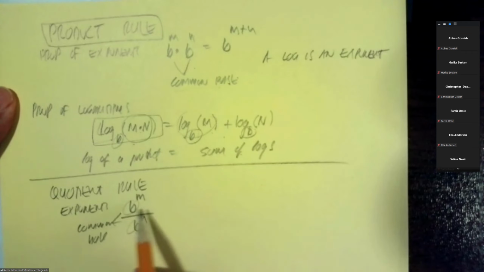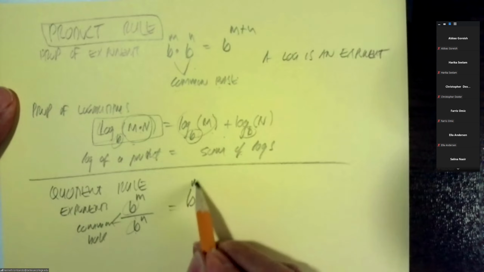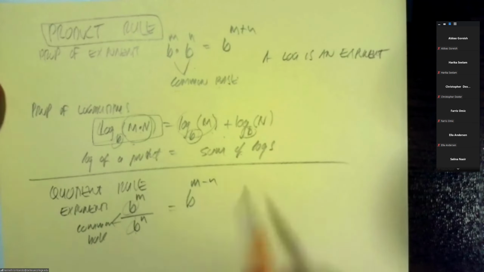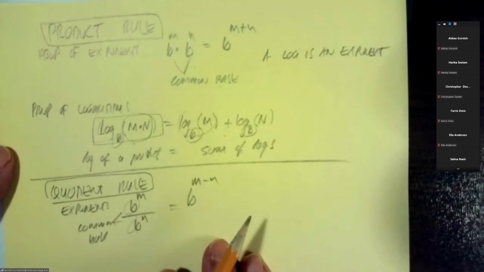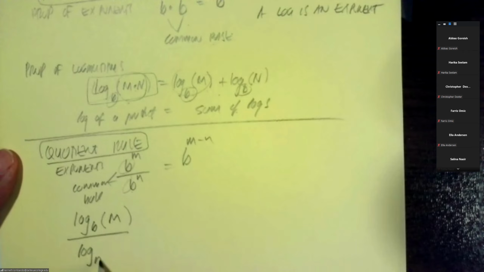So with a common base, then we said that's equal to the base to the power m minus n. Okay, remember that? And so we call that the quotient rule. And when we apply it to logs, we have, for instance, log base b of m over n.